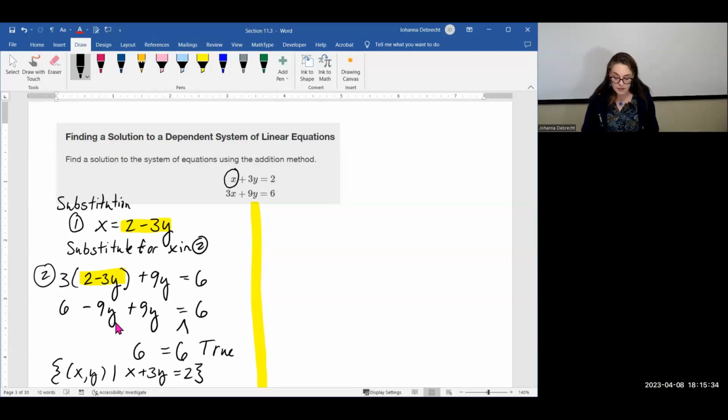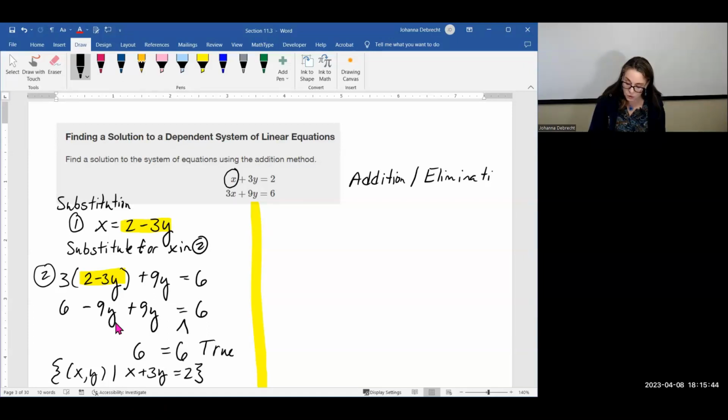Now let's look at solving this one by addition elimination. So when I do addition elimination method, I'm looking for a term that I can get the numbers to be the same, hopefully with opposite signs. If they already have opposite signs, that's always a good one to go for. In this case, both x's are positive and both y's are positive. I'm going to have to change the signs. However, I could get the numbers to match if I took on the x variable, if I took equation 1 and multiplied by -3.